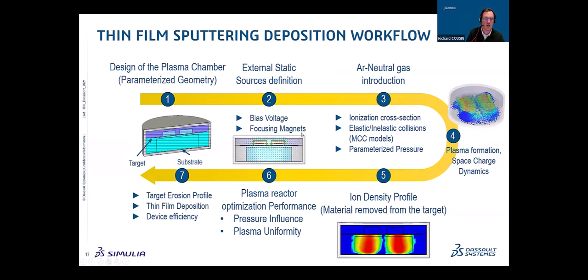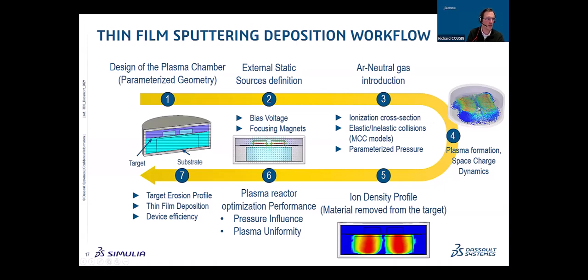And we can then afterwards introduce the neutral gas into the computation domain. Here we are going to use the properties for argon. Then we are going to enter the ionization cross-section for argon, consider the elastic and inelastic collisions with the Monte Carlo collision models, and we can parameterize the pressure in order to analyze what will be the plasma and the ion density profiles at the end of the simulation.